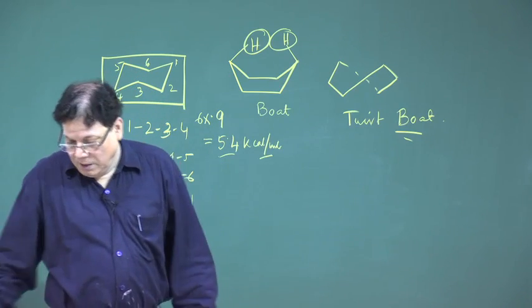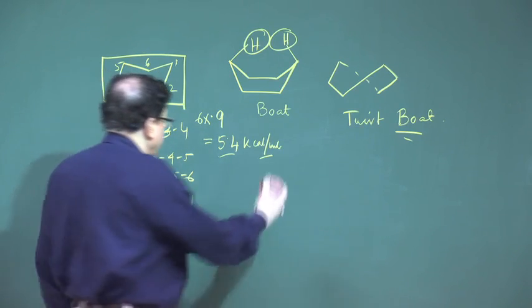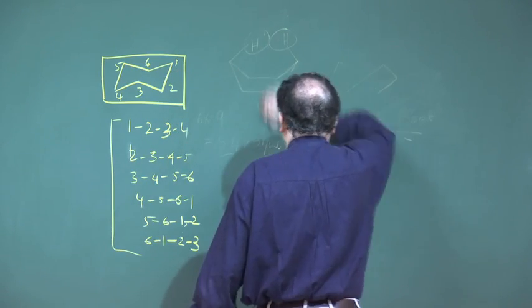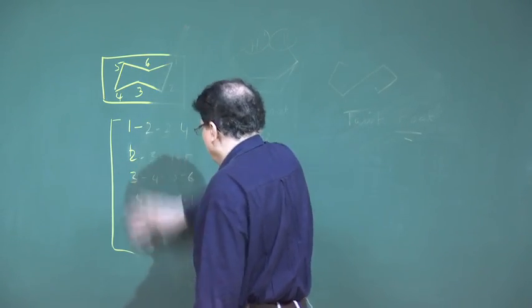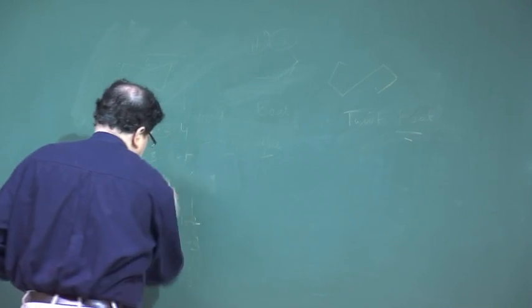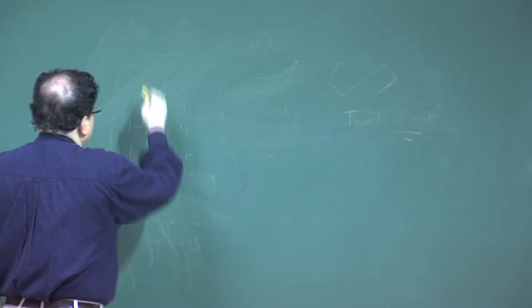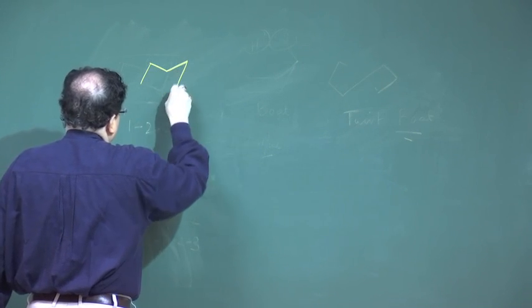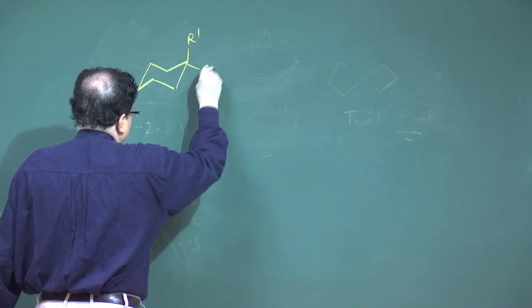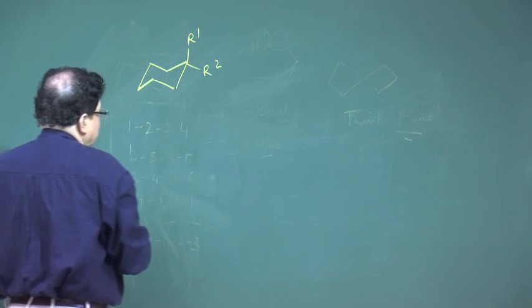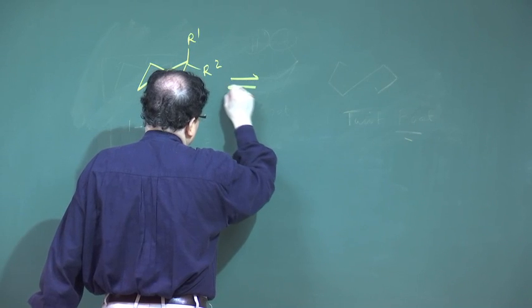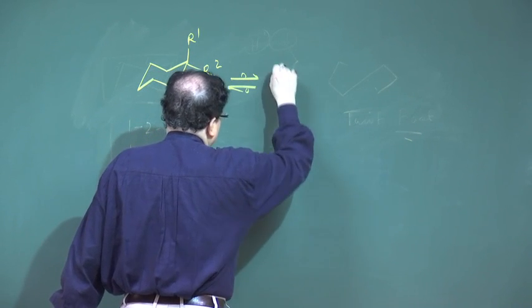Then we went to the conformational analysis of disubstituted cyclohexane. In disubstituted cyclohexane, the first case that we covered was that you have an R1 and you have an R2. The disubstituted cyclohexane exists in the chair form, but by inversion you can get the other chair form.